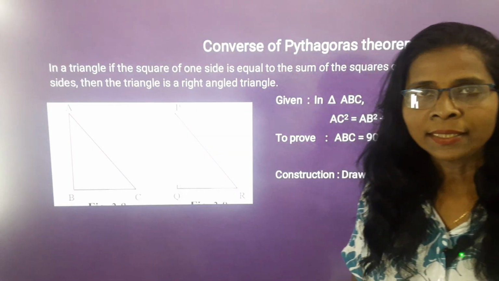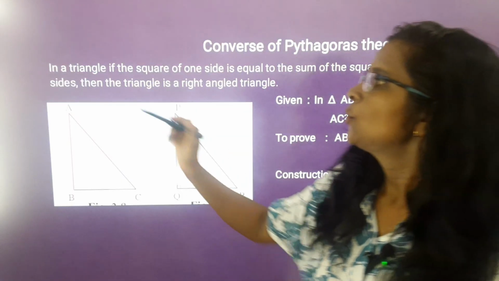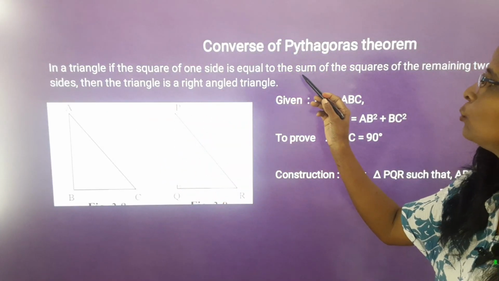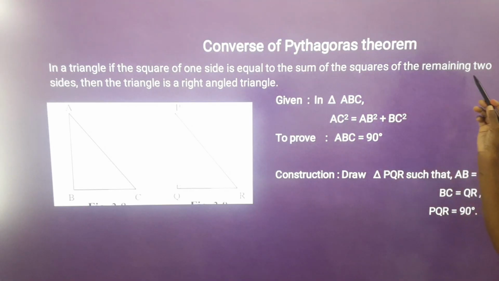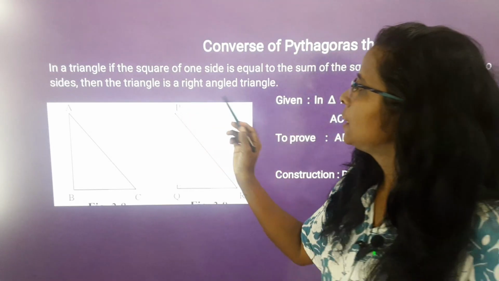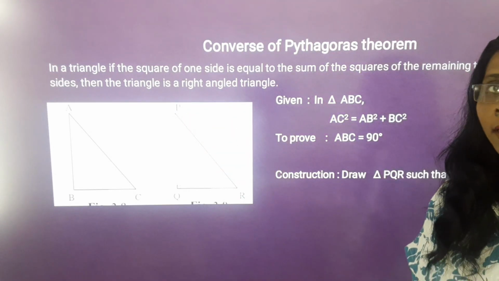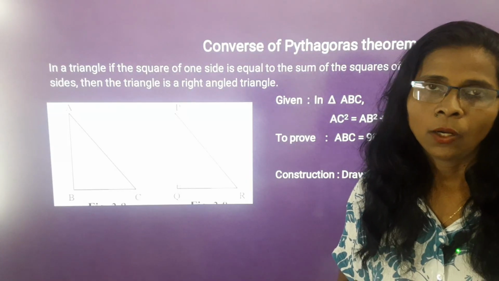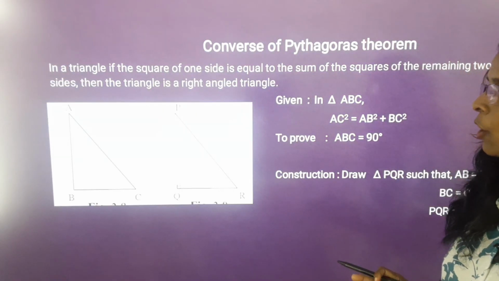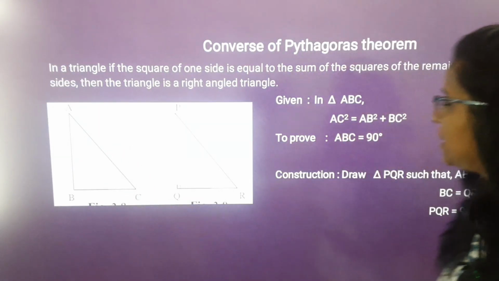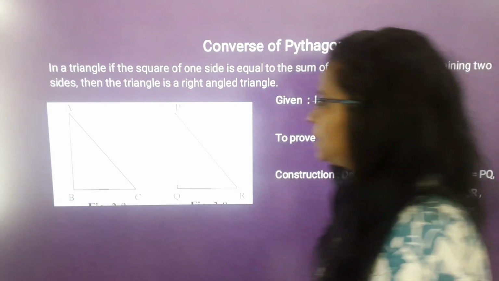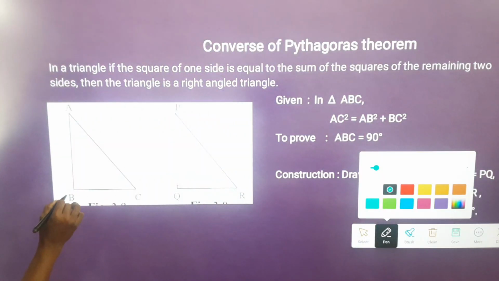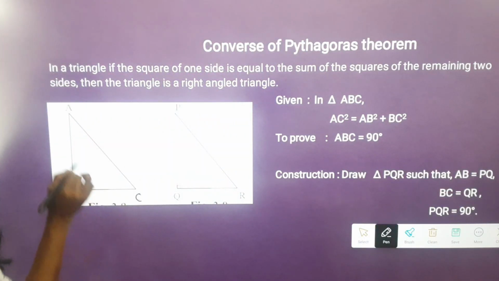There is a converse of the Pythagoras theorem. The statement is: in a triangle, if the square of one side is equal to the sum of the squares of the remaining two sides, then the triangle is a right angle triangle. Now we have to prove that the given triangle is a right angle triangle. First we draw the triangle ABC, students.